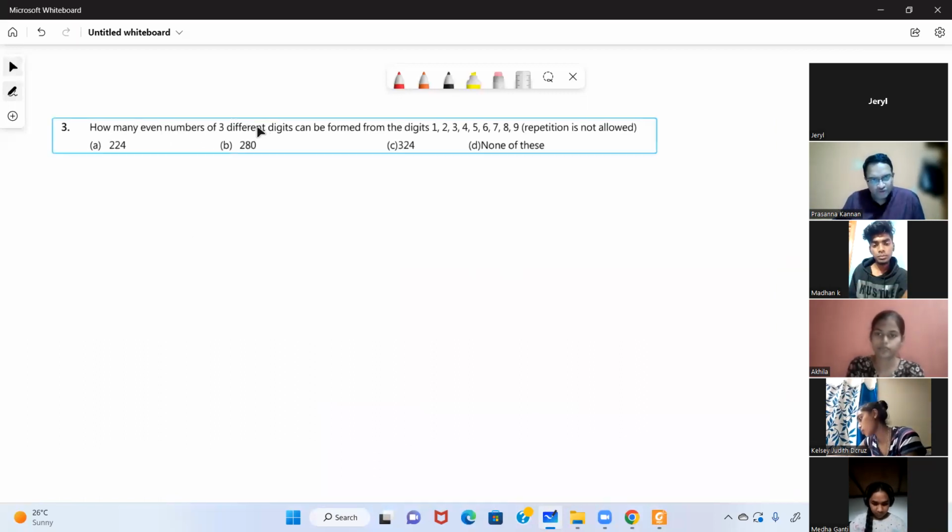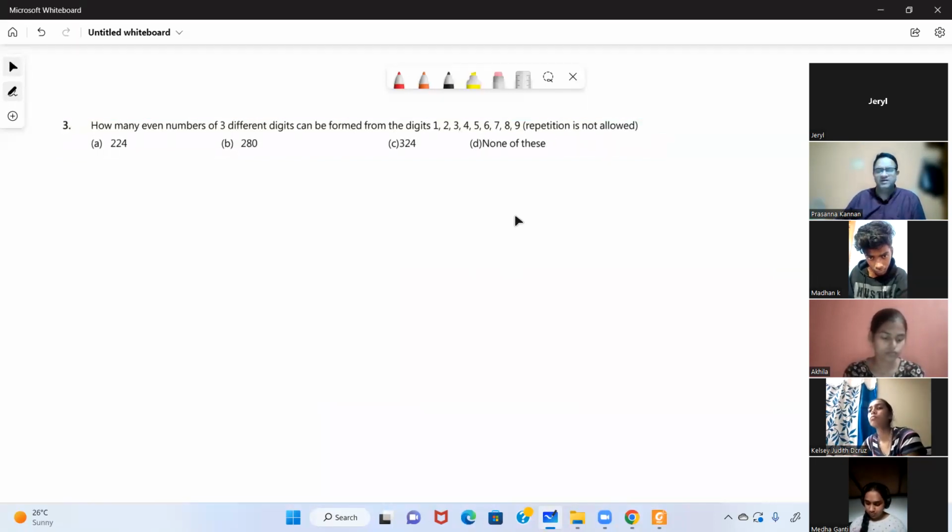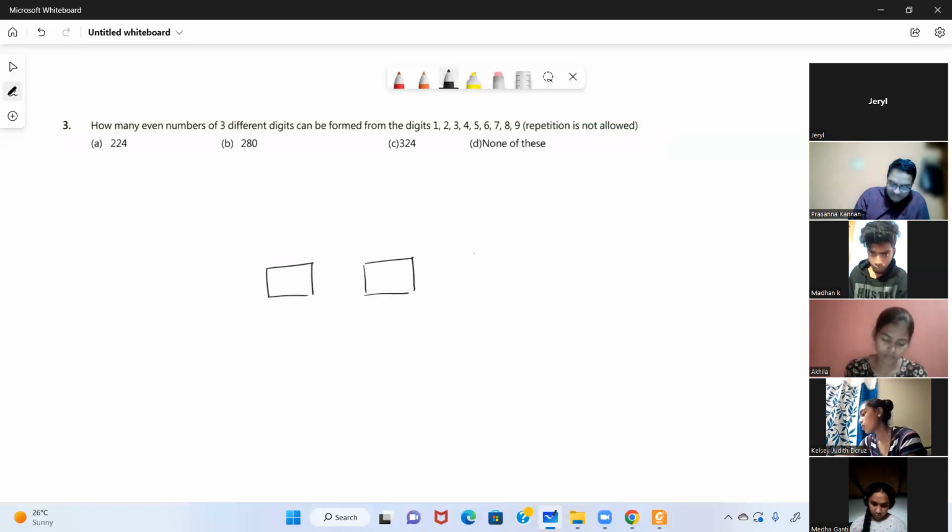How many even numbers of 3 digits can be formed from the digits 1, 2, 3, 4, 5, 6, 7, 8, 9? Repetition is not allowed. Very similar, right? Now 3 different digits. When they say 3 different digits, that itself clearly tells you that repetition is not allowed.